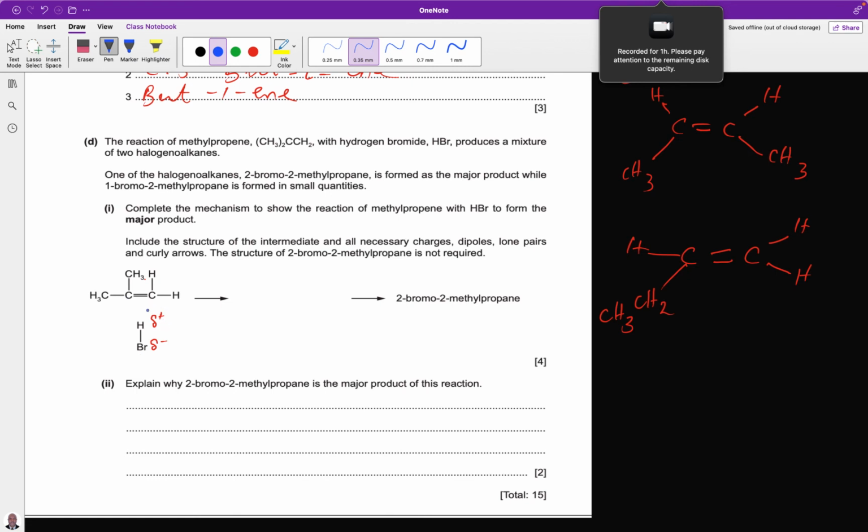Let me just show you what is happening. As the pi electrons are approaching this bond here, the bonding electrons are pushed towards bromine, and finally it results in a heterolytic fission.